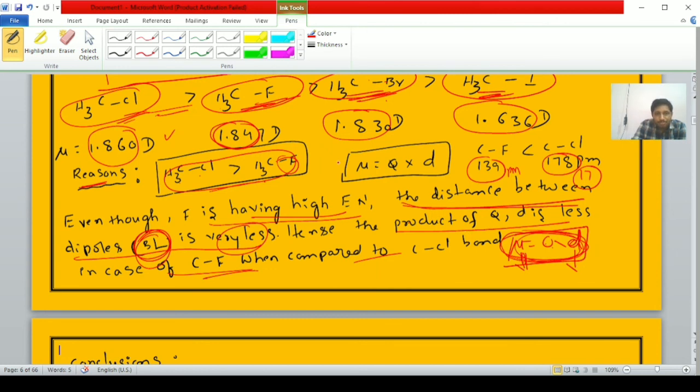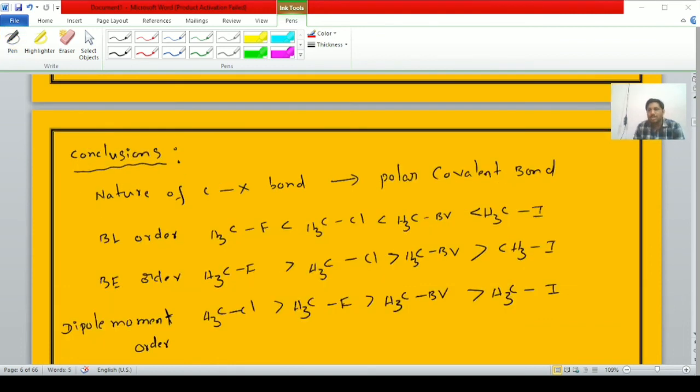Now the conclusion is also there, students. In this topic there are just four points of conclusion. We discuss those conclusions, then this topic is completed.